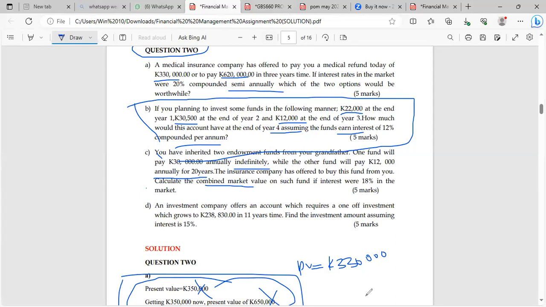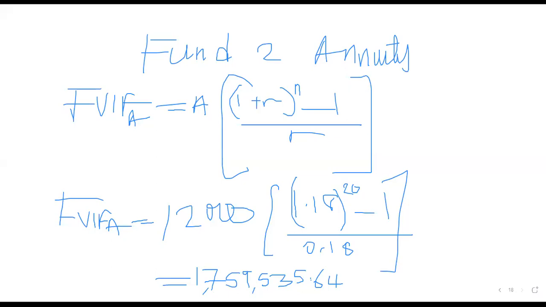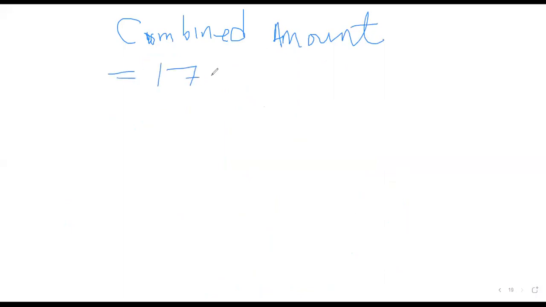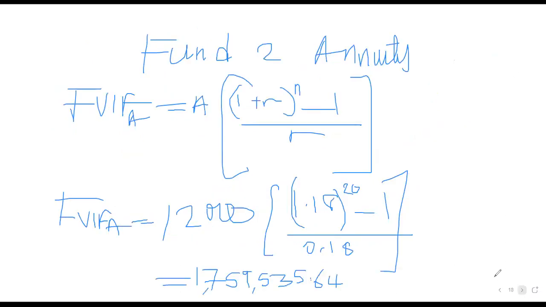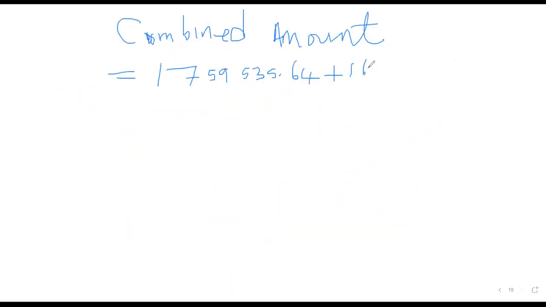The combined amount will be 1,759,535.64 plus this other one, 166,666.67.